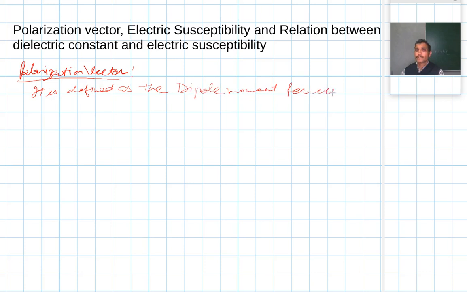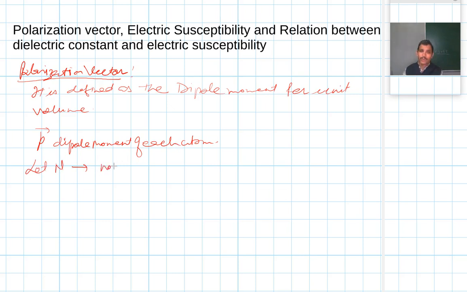So if small p is the dipole moment of each atom, and let n be the number of dipoles per unit volume, then polarization vector, according to this definition, can be written as small p multiplied by the number of atoms per unit volume.